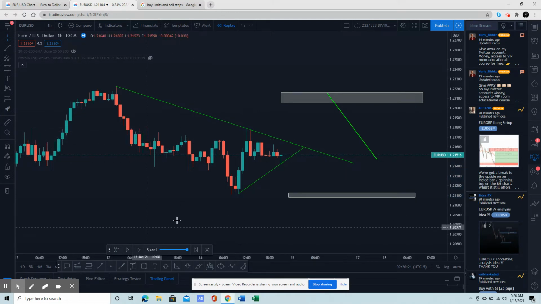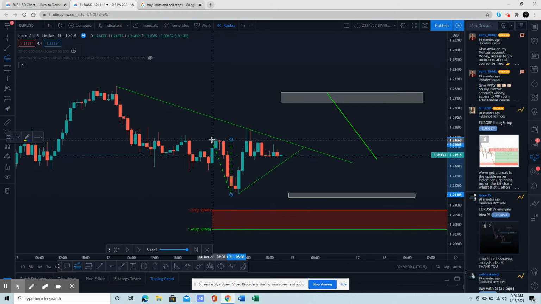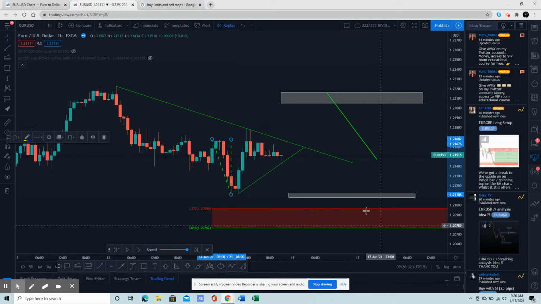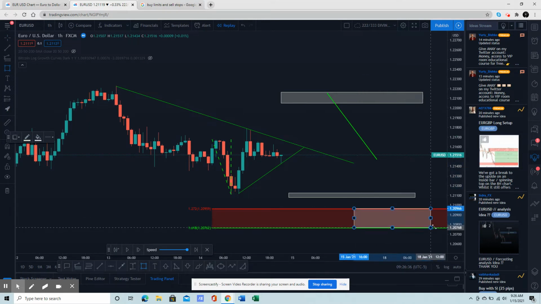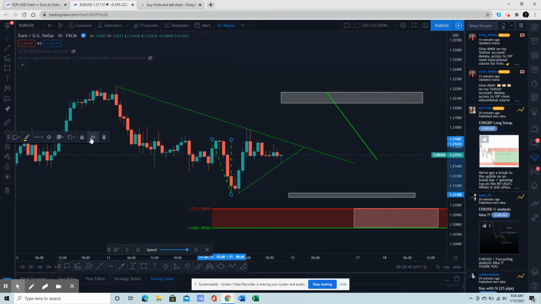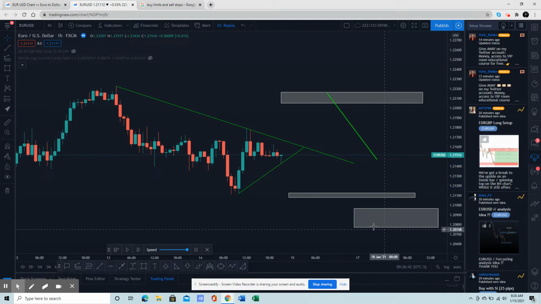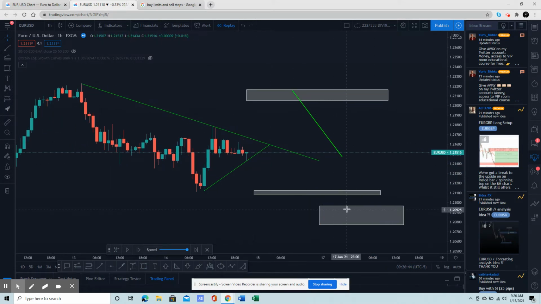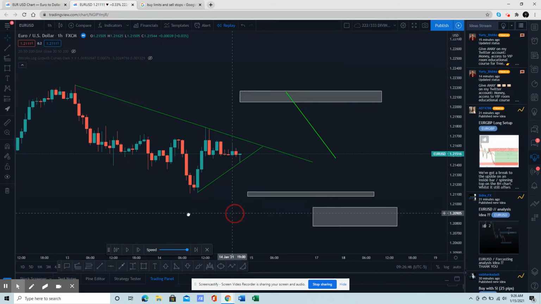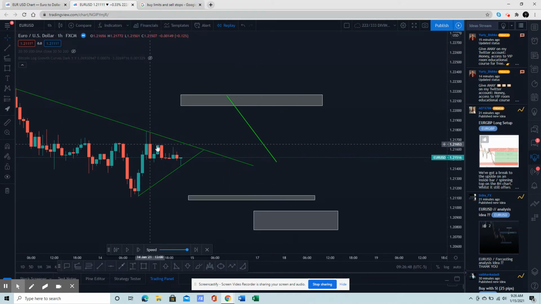Okay. But you also can use your fib extension. People have heard me use that before. All right. So you could have it down here as well. You can do this. That could work. So these are possible zones. All right. But we don't know which one will be hit. Same thing up here.